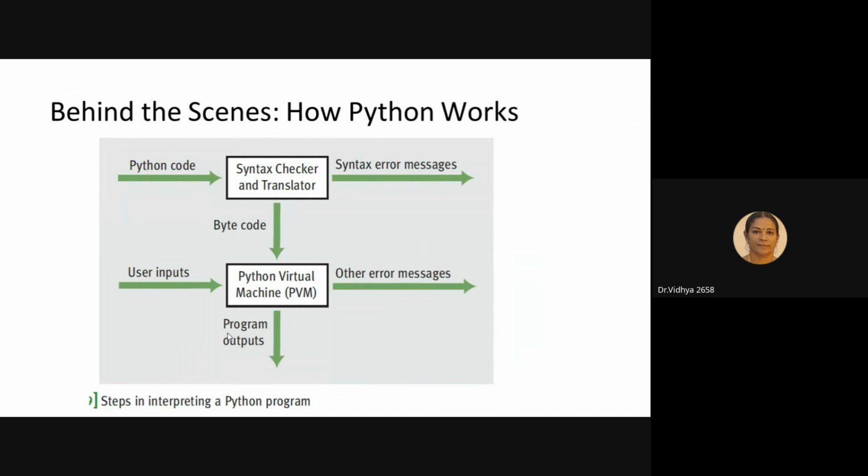Based on that, the Python virtual machine will give you the respective program outputs. Initially you have the Python code, and the syntax checker and translator will check for errors in the code. Then, if the error is rectified, it is converted to bytecode. Along with the bytecode, some user input is given to the Python virtual machine.